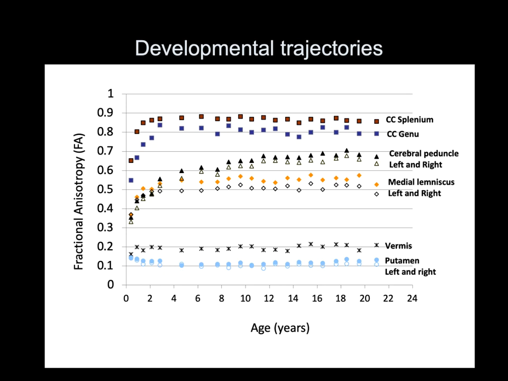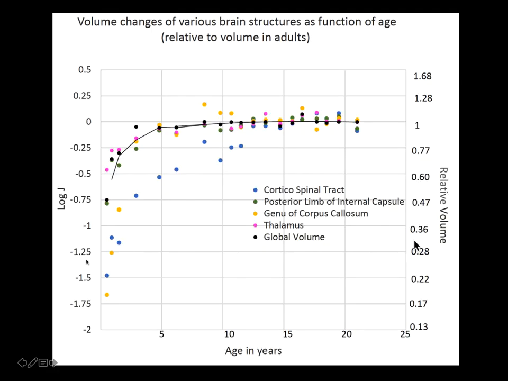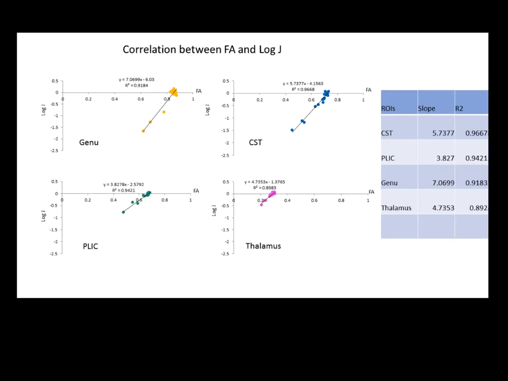And then you can look at the time course of changes in fractional anisotropy, or the time course of changes in the determinant of the Jacobian, and then look at the correlation between the two. There is a pretty good correlation in the log domain between the changes in the determinant of the Jacobian and FA, but the slope is different.